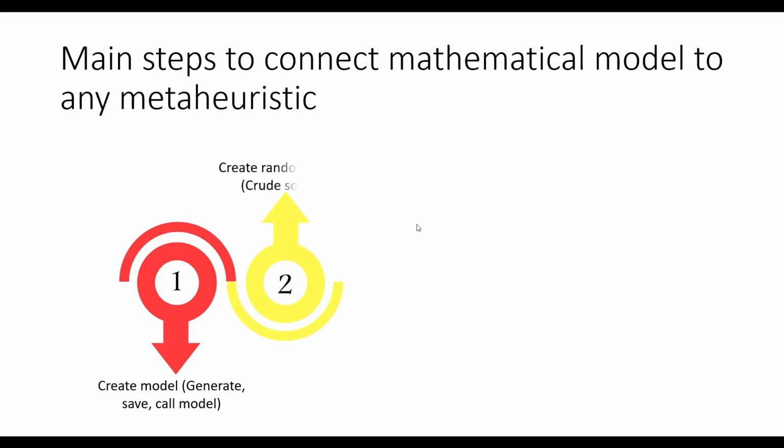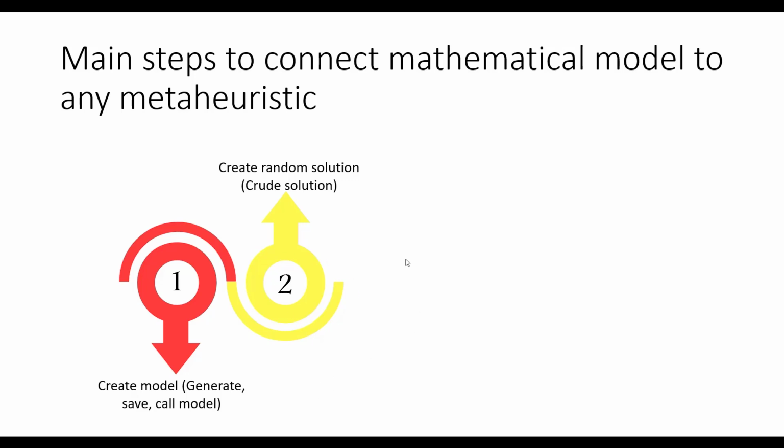For the second step, we have to create a random solution. Sometimes it's called a crude solution, and in this step we have to grasp some information from the first step. So we define our model here, and we use some information from our model to create a random solution.